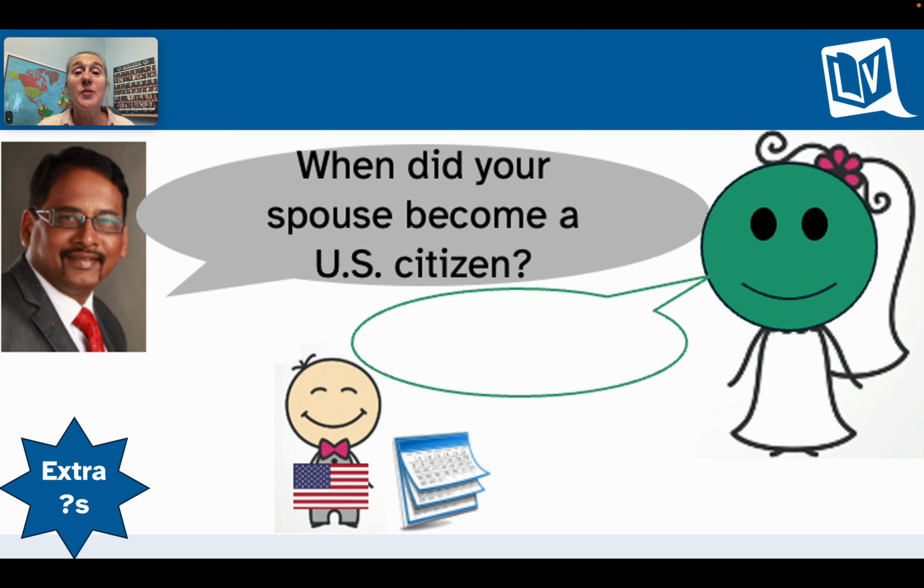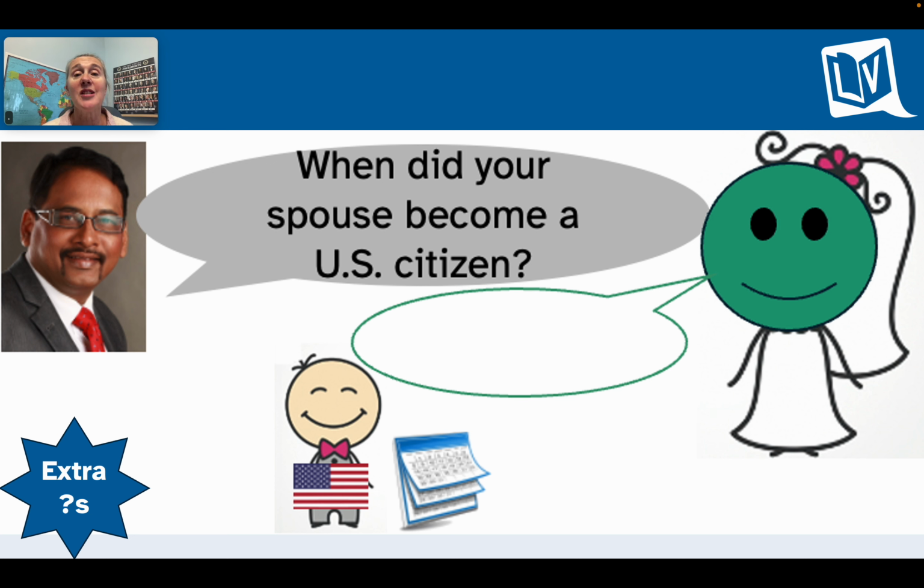When did your spouse become a U.S. citizen? Again, it's a when question. So it might be when they were born, right? If your spouse was born as a U.S. citizen, when did your spouse become a U.S. citizen? You could say when they were born or at birth.